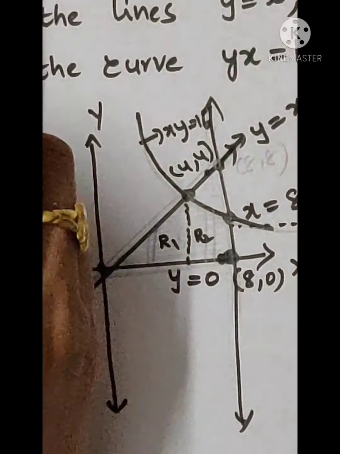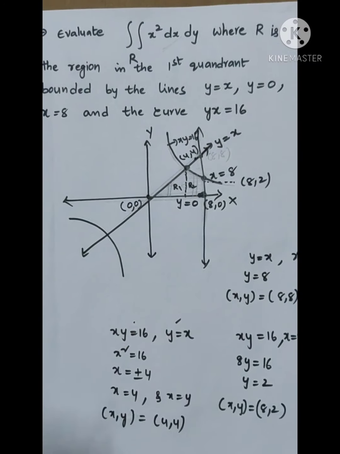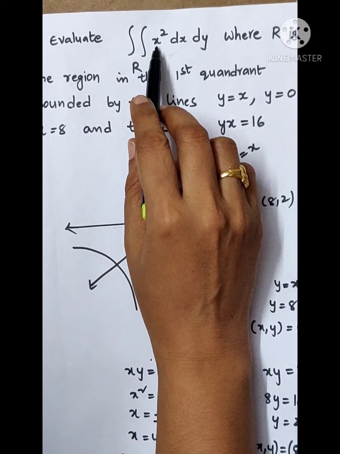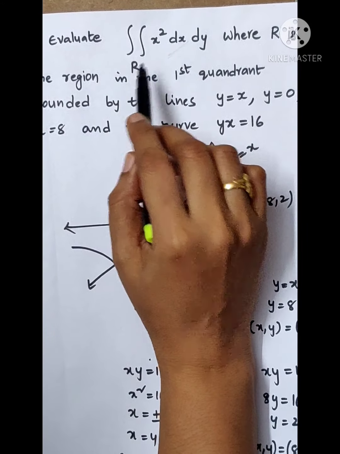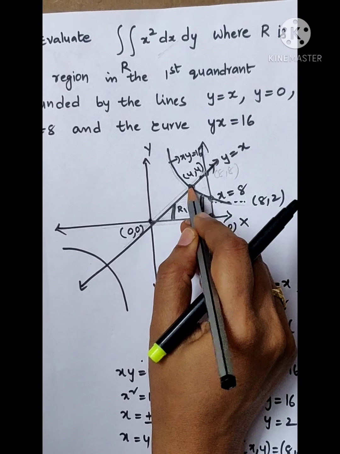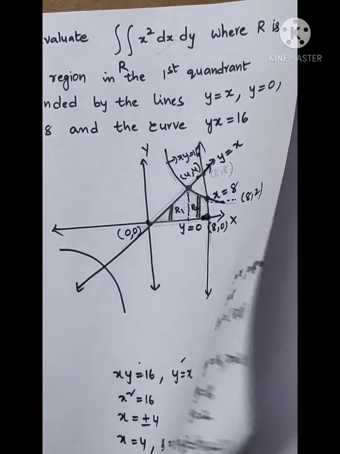To do the double integration of x squared dx dy over R, we have to do the evaluation over R1 plus over R2.